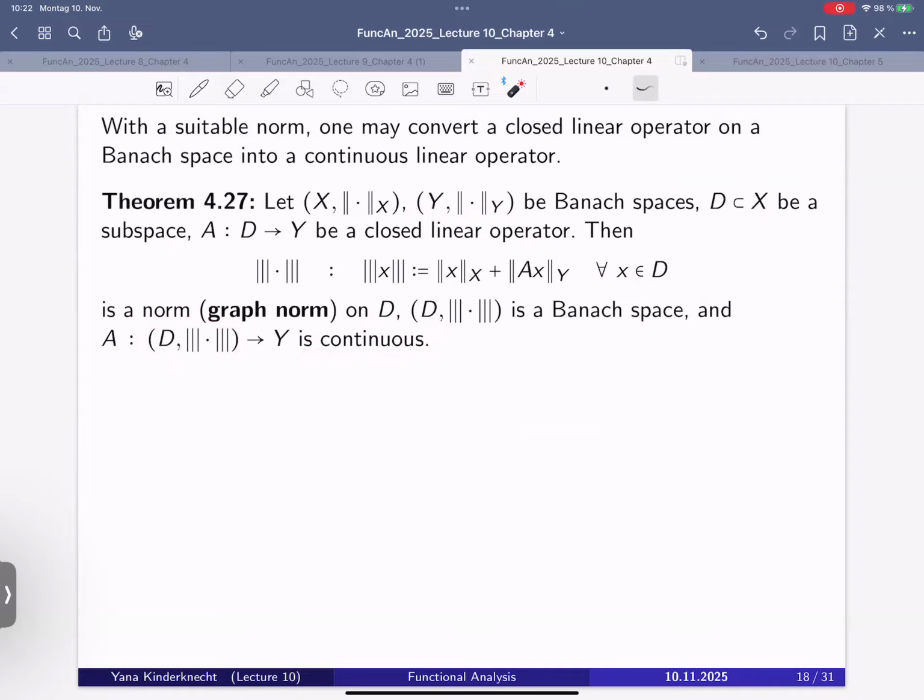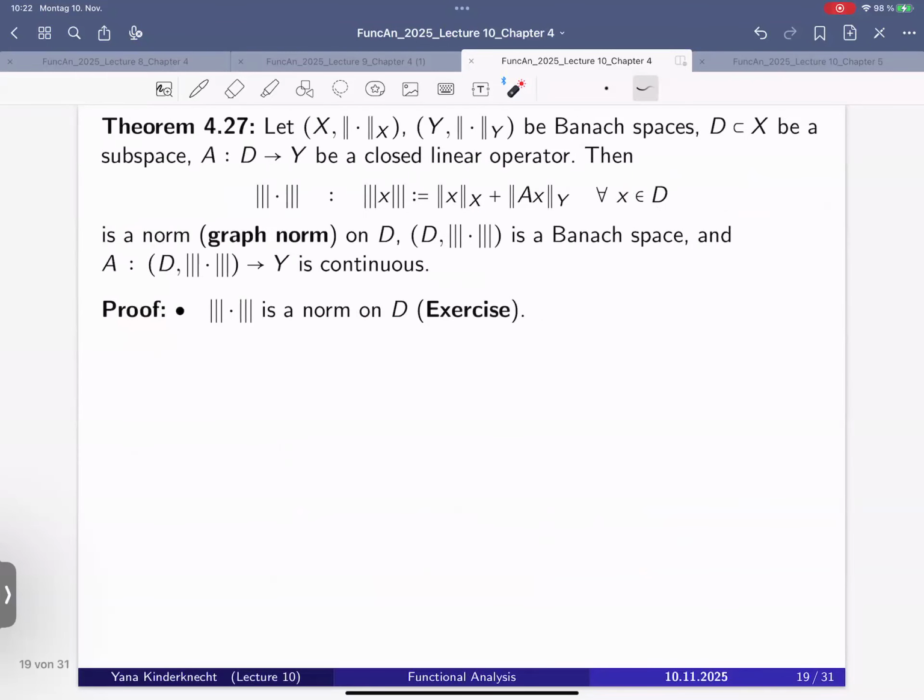Okay, so the proof is rather standard. That's why we make it with the slides. So I'm not going to write down anything. So proof. It is not hard to see because of this definition that this mapping satisfies all assumptions of the definition of a norm. So this guy is a norm.